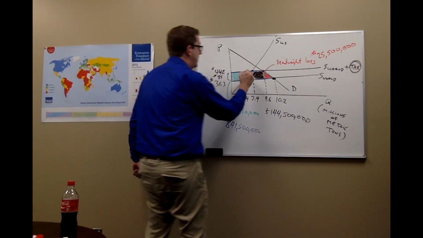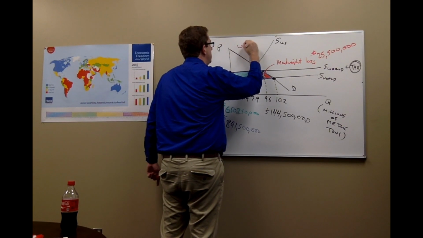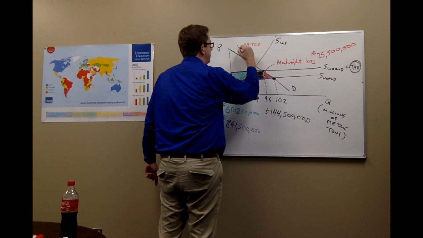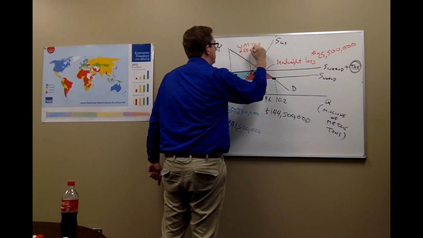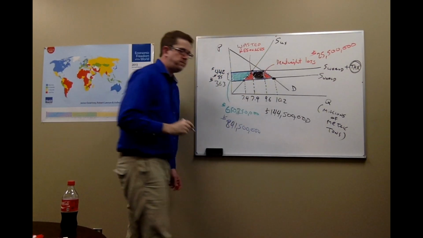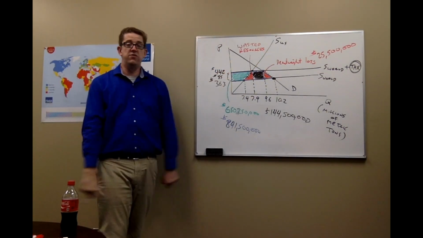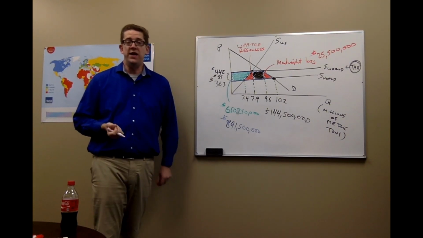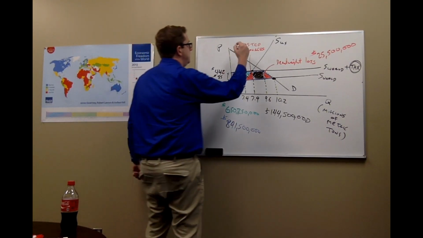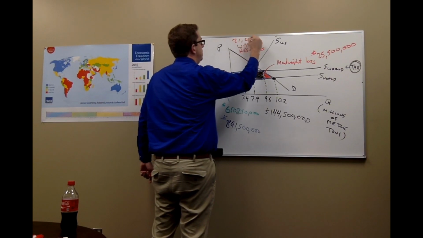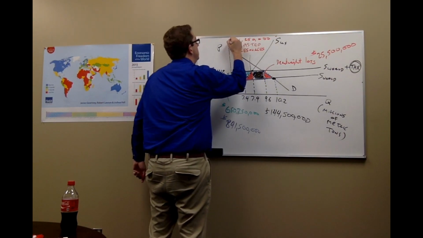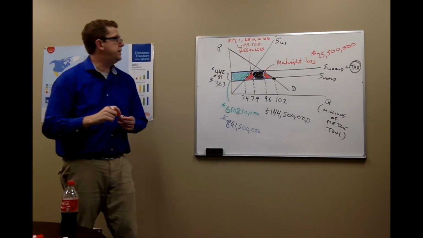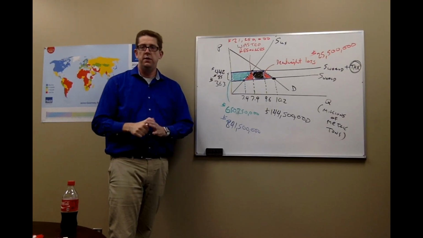So here, we're actually wasting resources. So this is the value of wasted resources. These are gains from trade that we don't get because we're simply wasting resources. And we're wasting resources to the tune of $21,250,000.